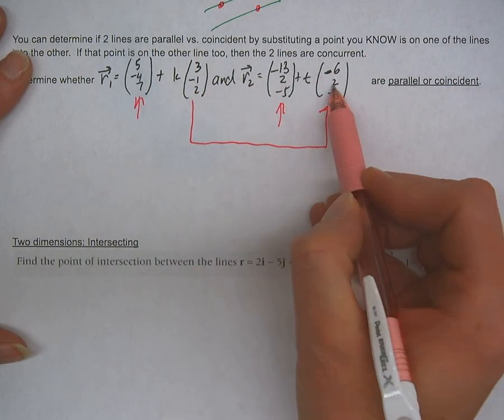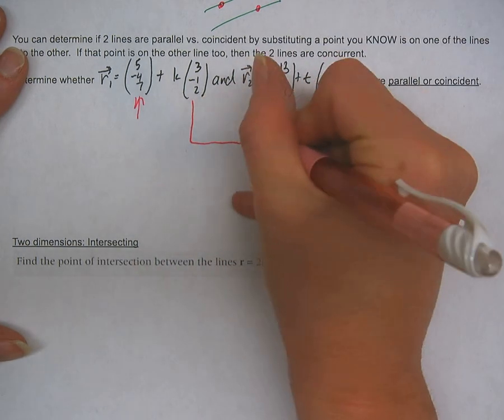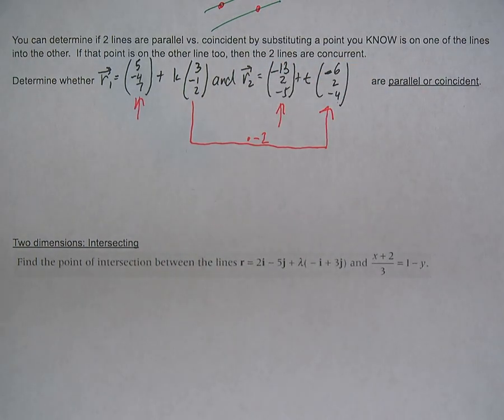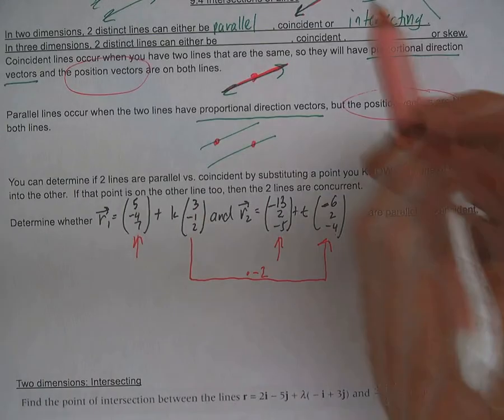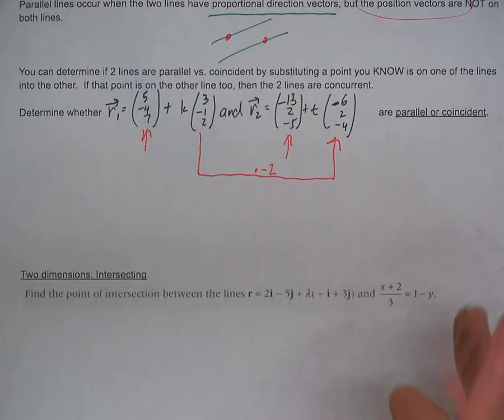Negative 1 times negative 2 is 2. 2 times negative 2 is negative 4. So these direction vectors are scalar multiples. That means that we know that these lines are either parallel or coincident. So notice this is a 3-dimensional example. How you figure out coincident with 2 dimensions or 3 dimensions is the same, so it really doesn't matter.